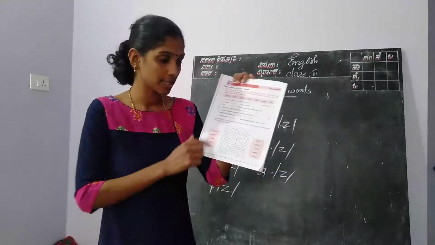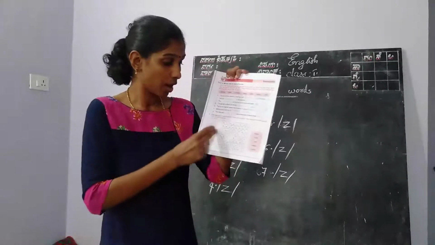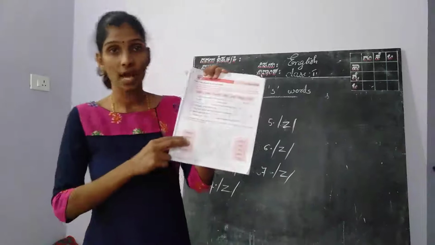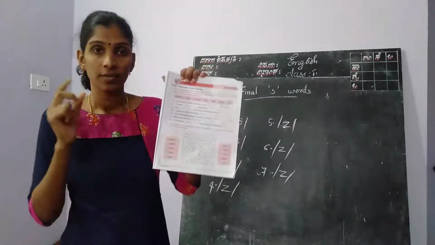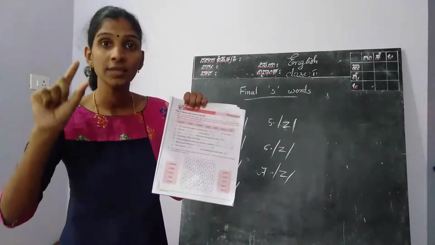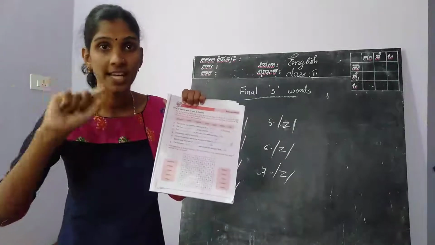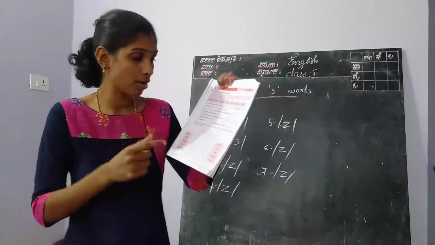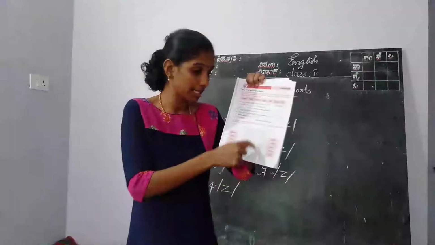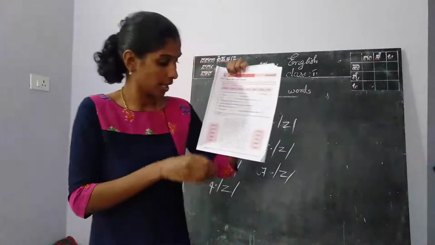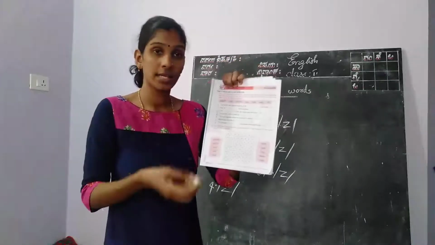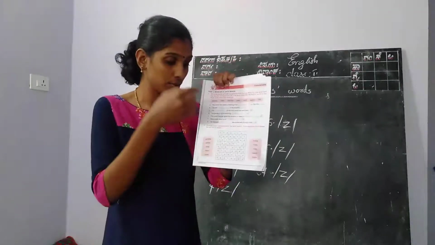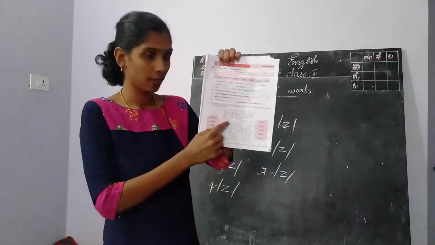There are some words, and you have to separate the S sound words. Which word is ending with the S sound, not the Z sound? You have to separate them, and here you can find the words ending with the S sound. You have to find them here first.